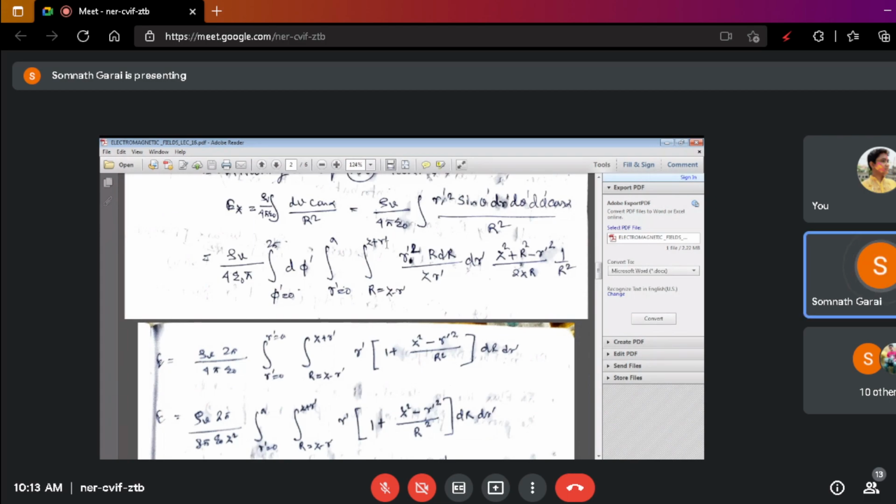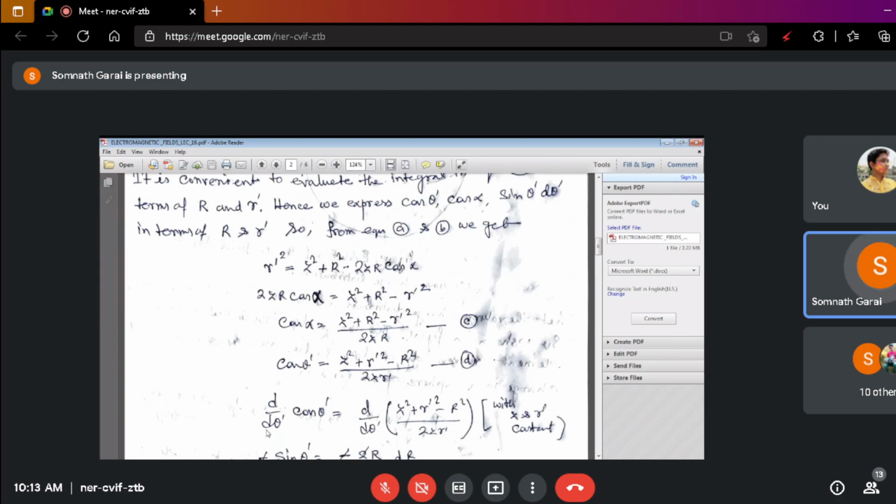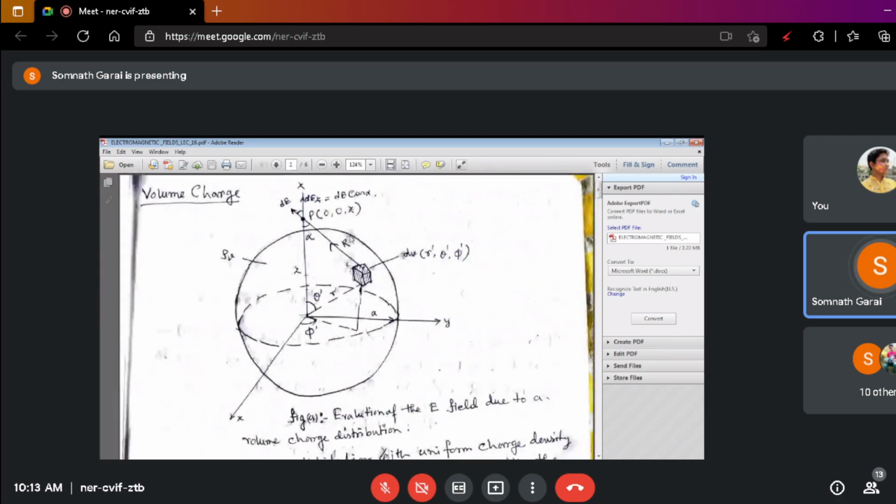Now, if you take this sphere, and if we consider this volume at this point, then R will be Z to Z plus R. But here this volume is upper to r dot point from the origin.